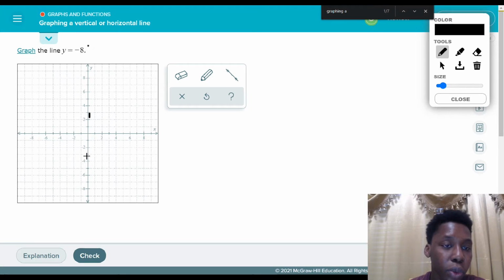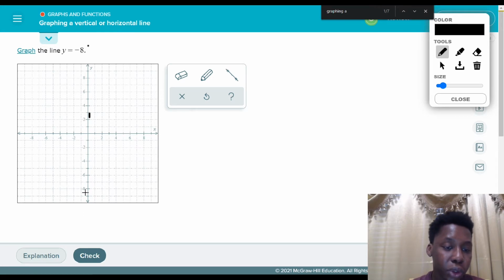So we have to look for -8 on the vertical axis. The top side of the graph is always the positive of the y-axis, and the downside is the negative part. So we have to look down. This is -2, this is -4, this is -6, and here comes -8.